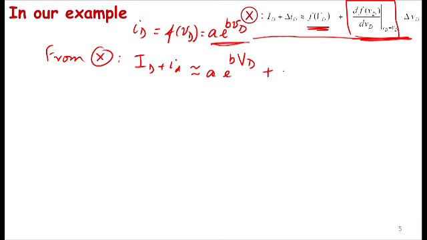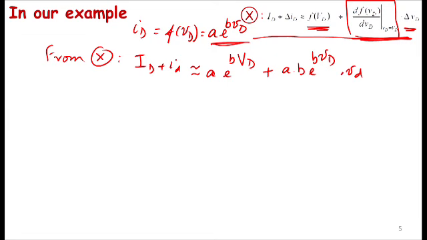The derivative is simply given by A, and I get B down here, and then I write e raised to B V_D, and so that's my slope. So A e raised to B V_D times B is my slope, and then I multiply that by small v_d. So that is my derivative of the function times delta v_D.